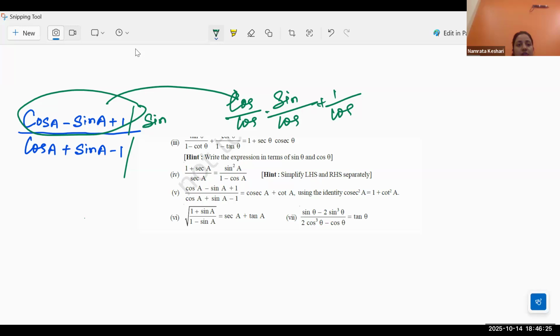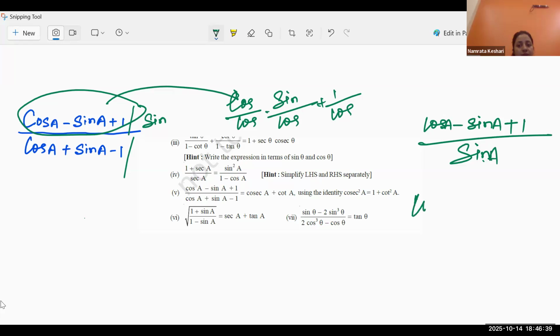If you are still having confusion, let's check it. When you divide this numerator cos A minus sin A plus 1 by sine A, you get cos A by sine A, which is cot A. Sine A by sine A is 1, and 1 by sine A is cosec A. Making sense? Yes, ma'am.